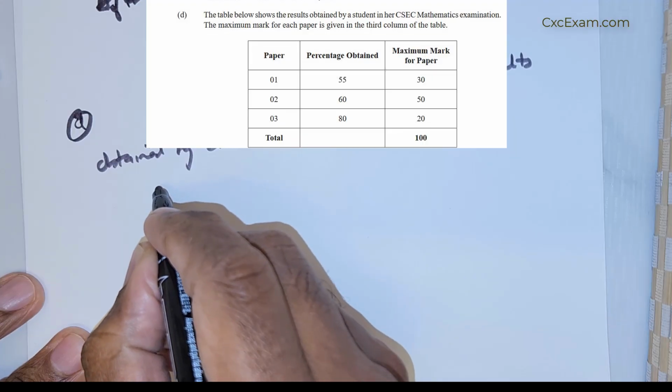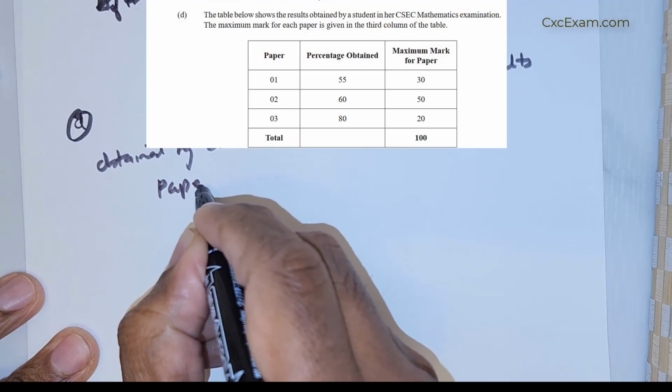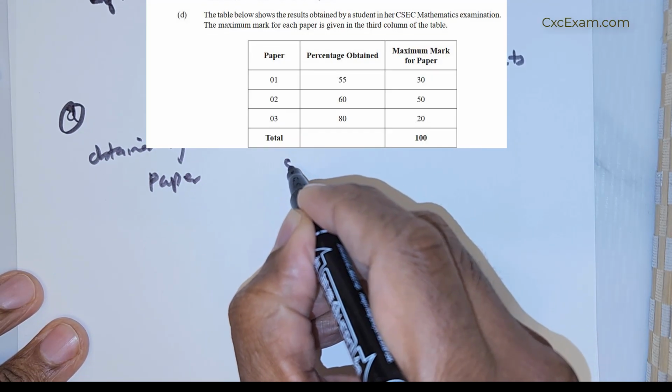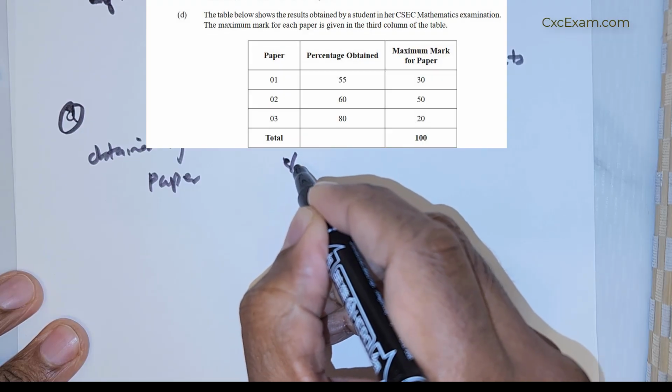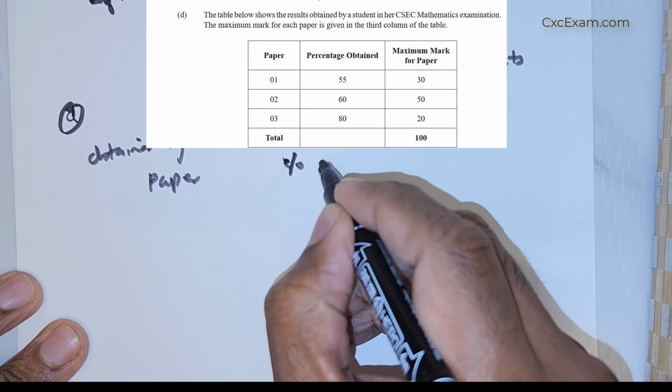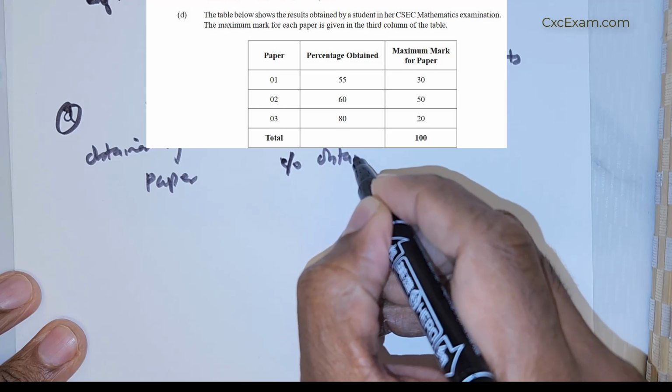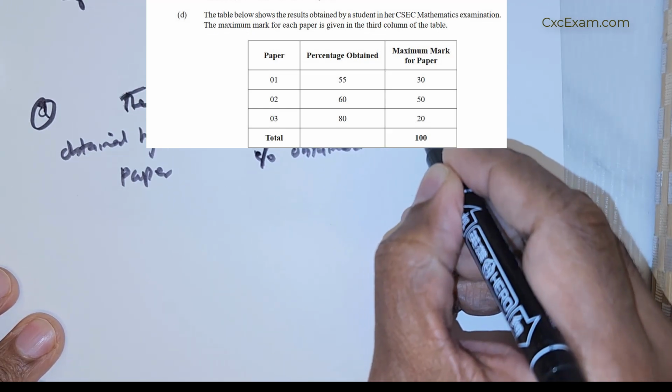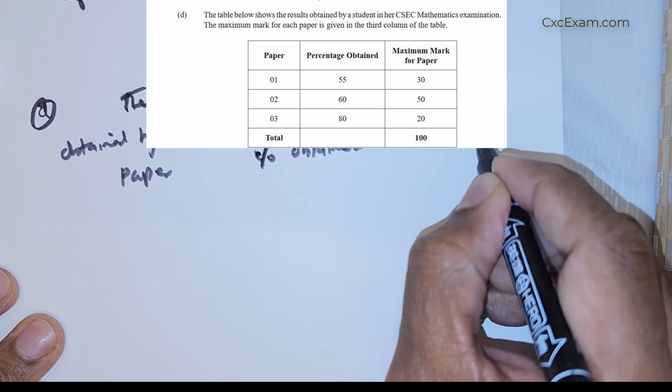So this is the paper, this is the score, percentage obtained, right? Percentage obtained, and this is the maximum mark.